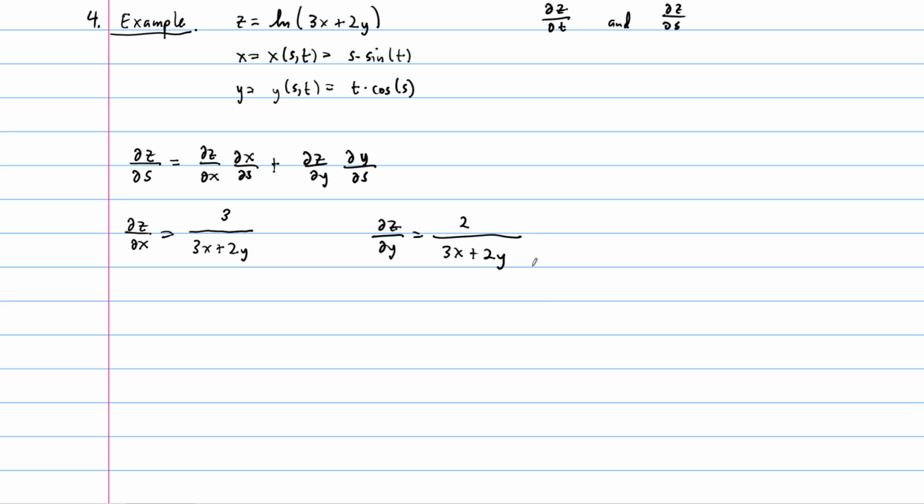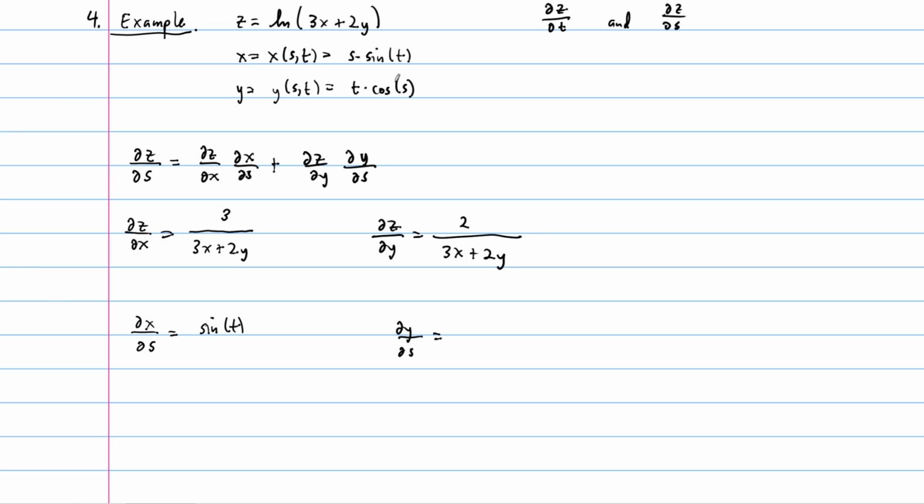All right, and then we need the partial derivatives of x and y with respect to s for this example, but we're going to need the t derivatives for the other derivative that we need. So let's compute them all right now, and then we can put it all together. For dx by ds, the s derivative here, remember t is a constant in this scenario, so this is just going to be sine of t. For dy by ds, same idea, t is a constant, so that's going to hang around.